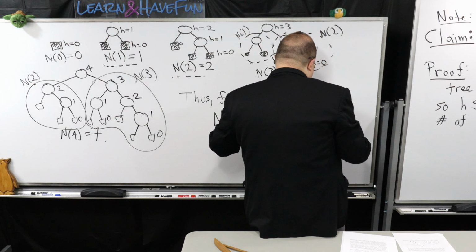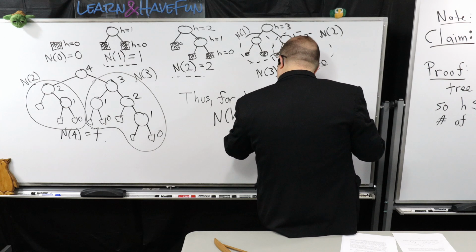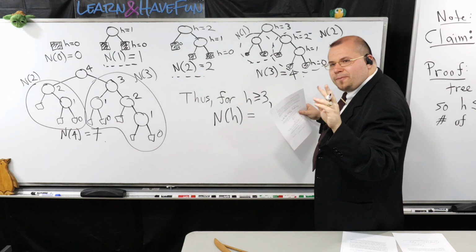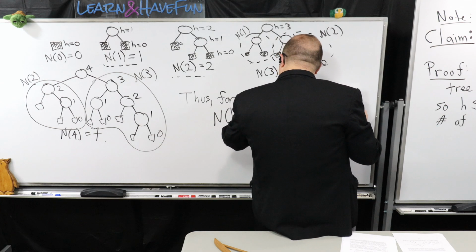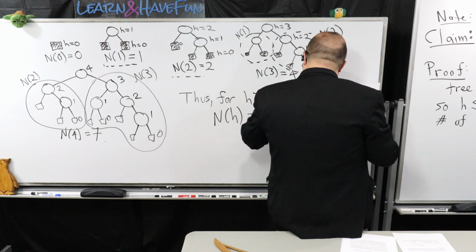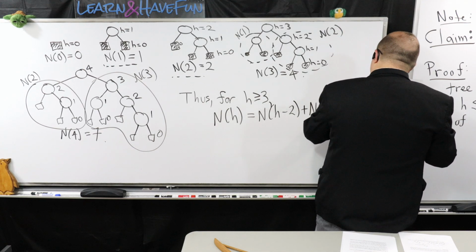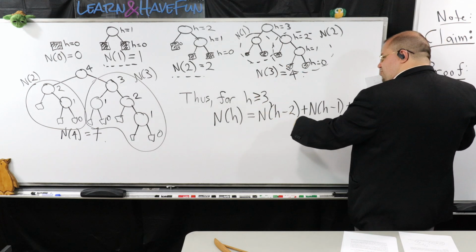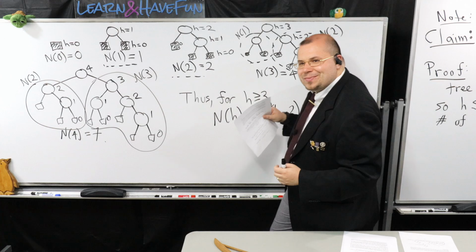That's exactly it. I'll write it in a similar way. I'm going to start off with the smaller term first. You're going to see why in a moment, but it doesn't matter. So it'll be n of h minus 2 plus n of h minus 1 plus 1, right? Remember, this is the one that came 2 drawings ago. This is the previous drawing, and I just add 1 to it.